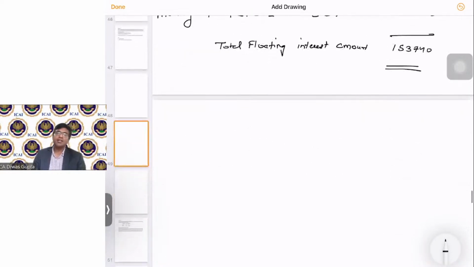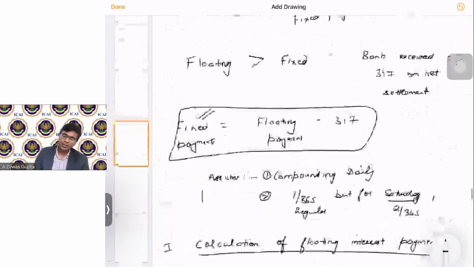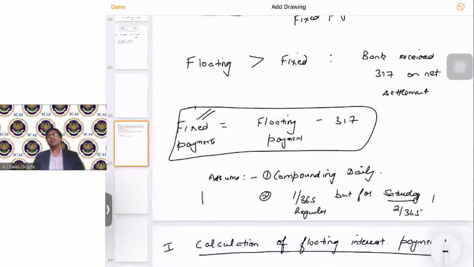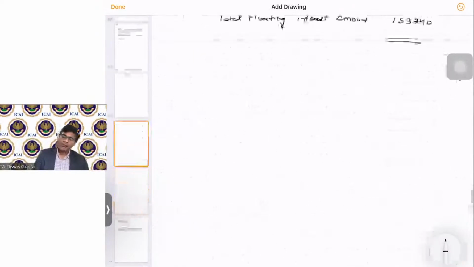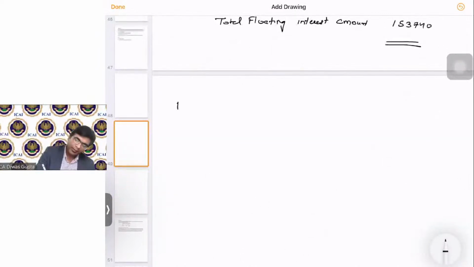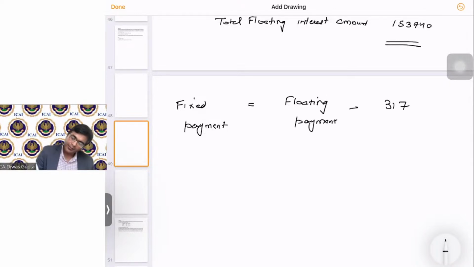Now, using our previous discussion here, we concluded that for calculating the fixed payment, we can just take the floating payment and reduce 317 from that. We will get the fixed payment. Because floating payment is higher, correct? And on a net basis, the dealer has received 317. Fixed payment is equal to floating payment minus 317.